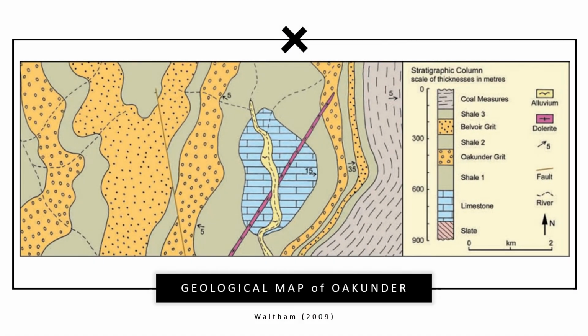So this is another geological map, the geological map of Okunder. I'm not sure of the pronunciation, but it is the geological map of Okunder. As we have observed, this geological map already has a stratigraphic column, or what I previously referred to as the legend.